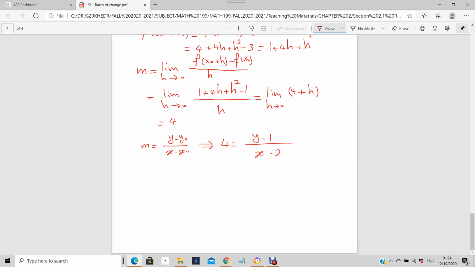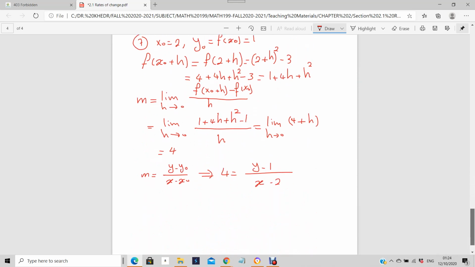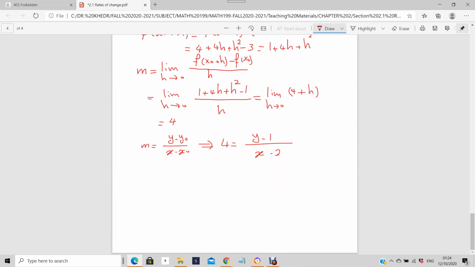Simplify this equation, then you'll have y minus 1 equals 4x minus 8, and then y will be 4x minus 8 plus 1, that is minus 7. So this is the equation of the tangent line to the curve of this function at x equals 2.